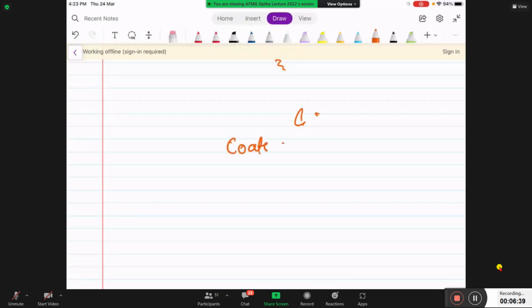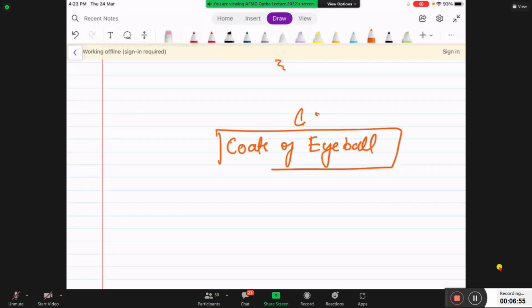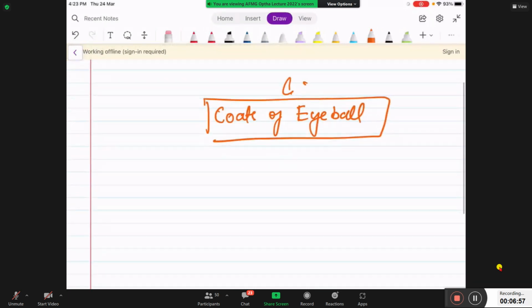So, heading is coats of eyeball. Write down coats of your eyeball. As we have discussed, there are mainly 3 coats of eyeball.